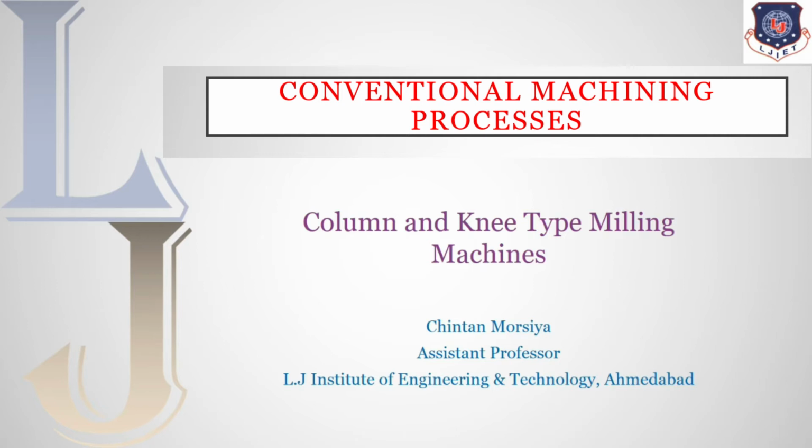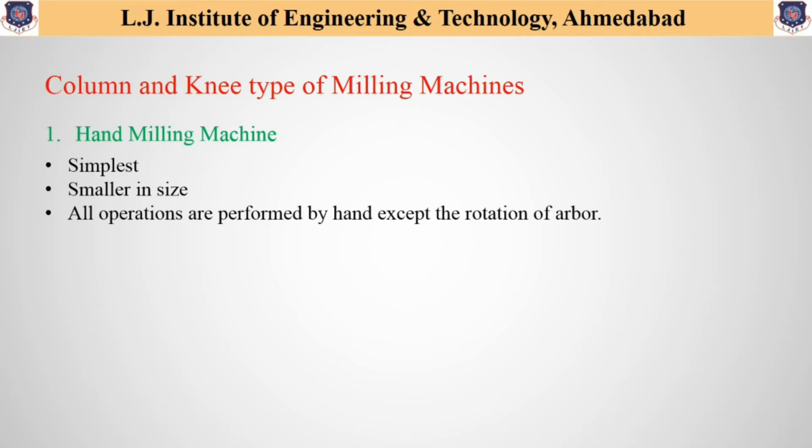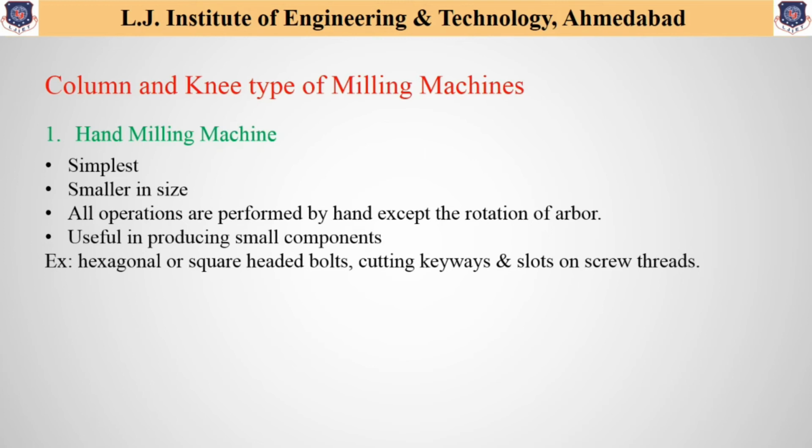starting with the first machine, that is the hand milling machine. This machine is simplest in design and it is smaller in size, and all the operations are performed by hand except the rotation of an arbor. This machinery is useful in producing small components such as hexagonal or square headed bolts, cutting keyways and slots on the screw threads.